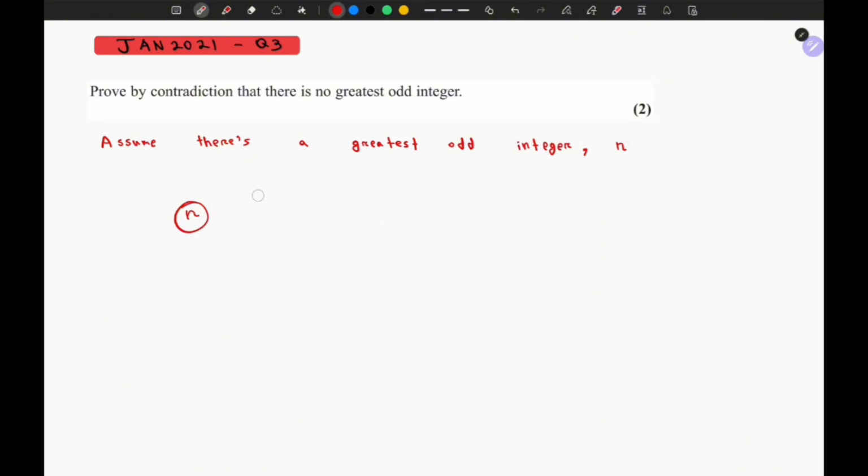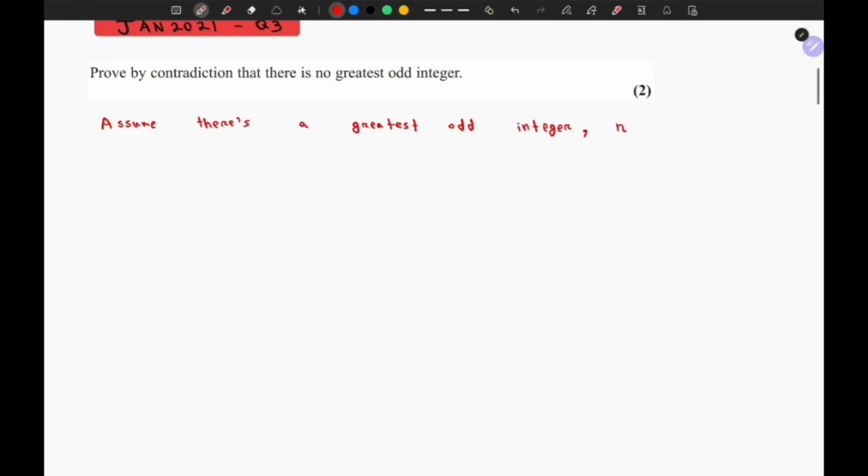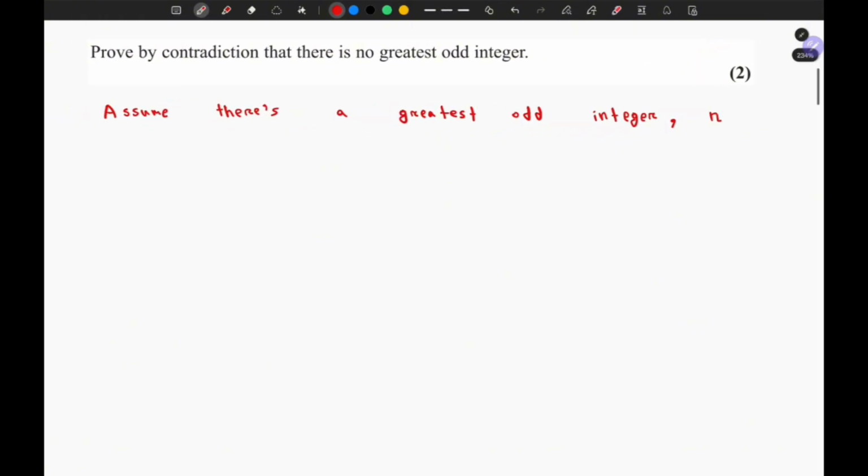So this actually contradicts our assumption that there is a greatest odd integer, because there is no greatest odd integer. If you add 2 to an odd value, you'll get the next odd value. So that's also an odd integer.